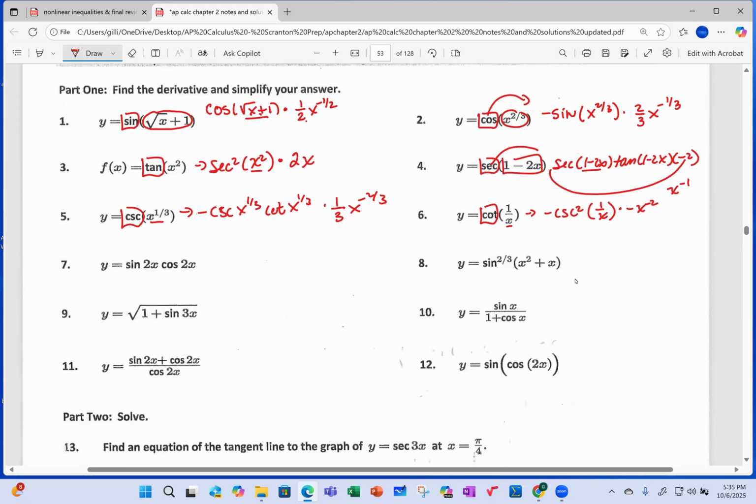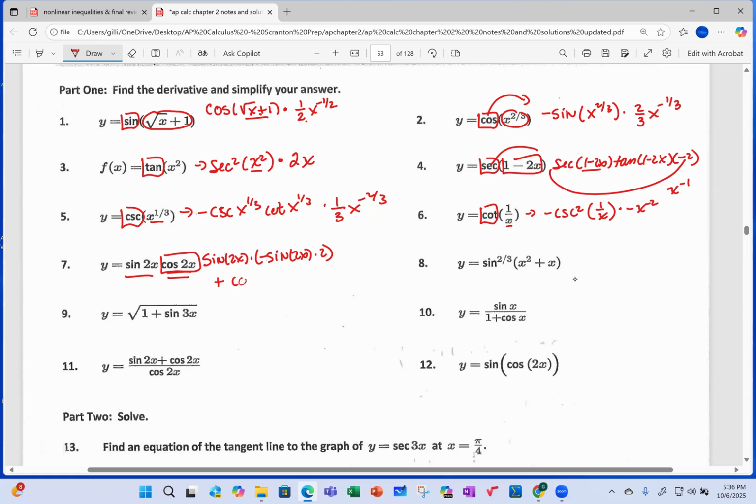Here, we don't have a quotient, but we have a product. So we've got to do a product rule. That's going to be the first function, which is sine of 2x, times the derivative of the second, which is negative sine of 2x times 2. And that's not subtraction, that's times a negative.